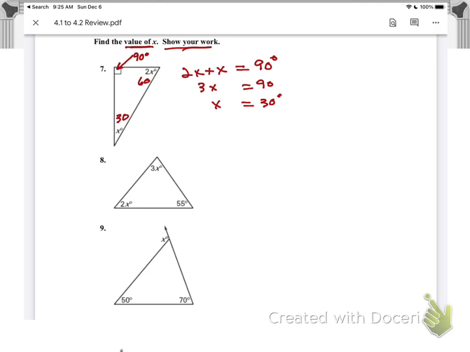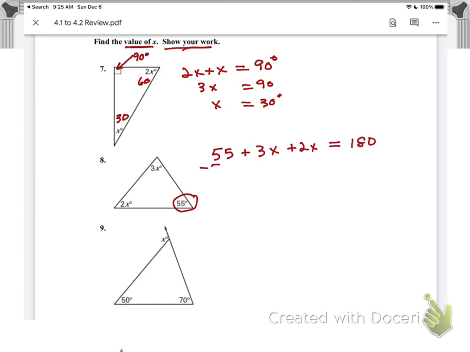Okay, moving on to number 8. So number 8, I have an angle here of 55 degrees. So what I know is that the 3 angles have to sum to 180. So 55 plus 3x plus 2x has to sum to 180. So 180 minus 55 is going to give me 125.